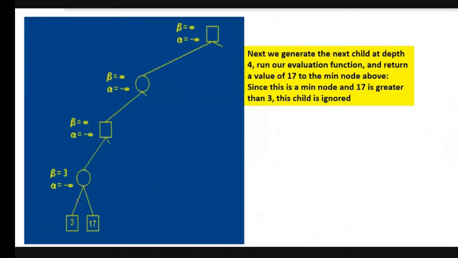From this it will be 3, so my minima node will be 3, and beta maintains its value of 3, and the node value will be considered as 3.